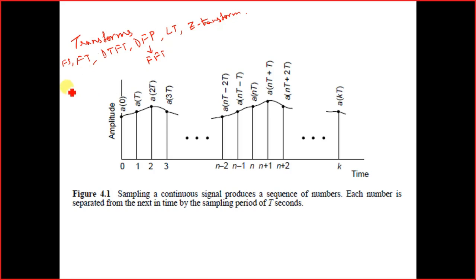While discussing this, we talked about the interrelationship.